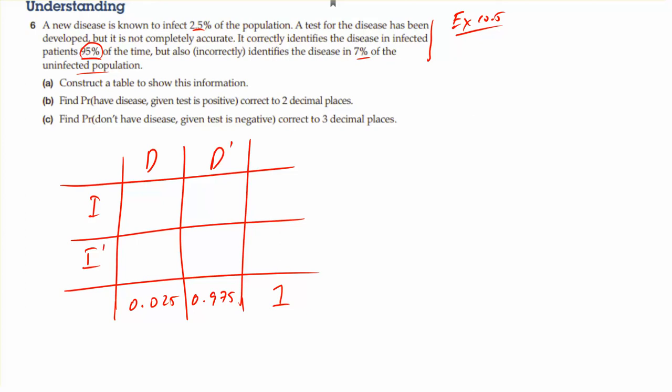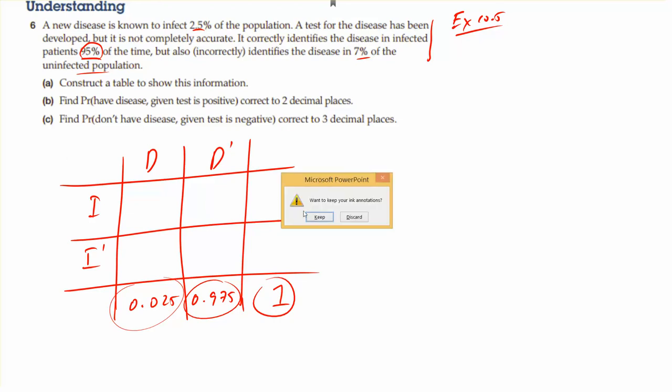So in the disease and identifies column, we know that 2.5% of the population is diseased. How do I work out diseased and infected? We know that it correctly identifies the disease 95% of the time in infected patients.